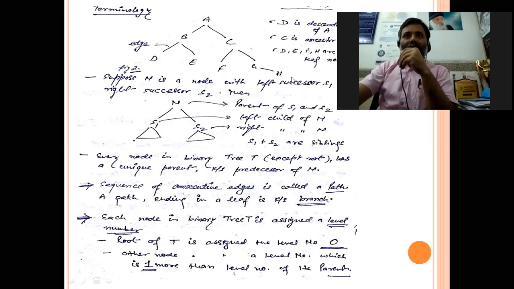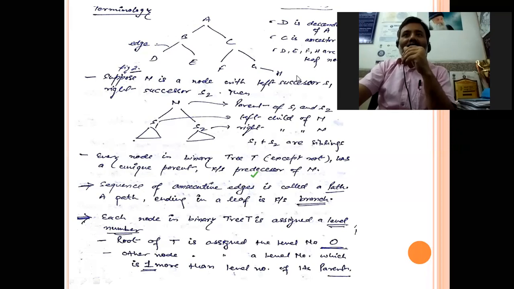D, F, H are our leaf nodes, and we talked about the successor terms also. Another term we have is predecessor. Every node in a binary tree except the root node has a unique parent known as its predecessor.